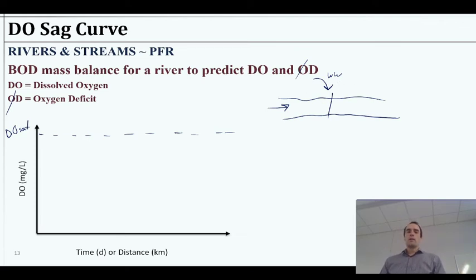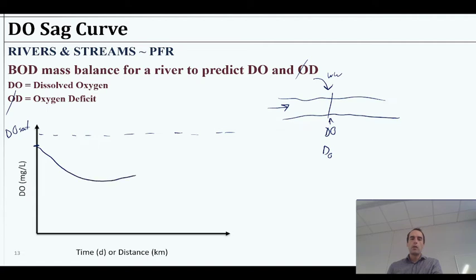So this might be saturated, but this might not be. Then we'll have some initial DO here, or some, as we'll see in a minute, initial deficit once they mix. So that means that we have some amount of oxygen here, and as that waste starts being decomposed, we will start removing oxygen from the water.